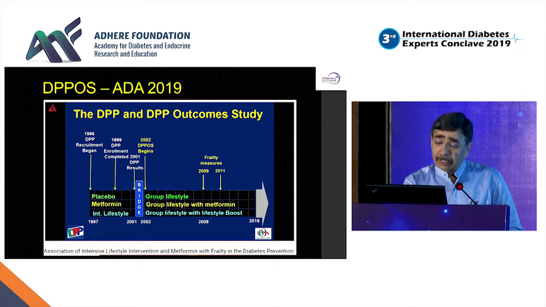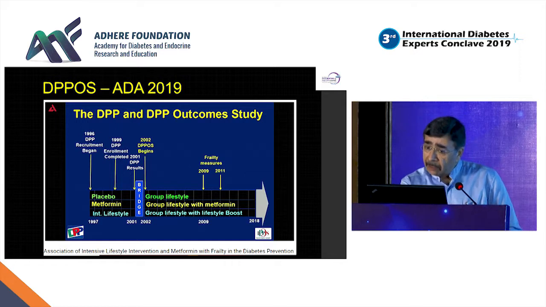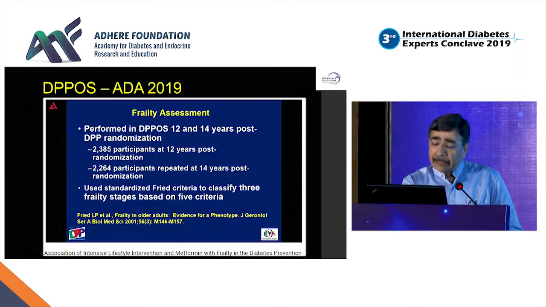DPP results were out in 2001 with 3.2 years follow-up, and then the group was followed up for further 10 years. And these patients were screened for presence of frailty at 2,385 participants at 12 years post randomization, and another 2,200 odd patients were screened at 14 years.